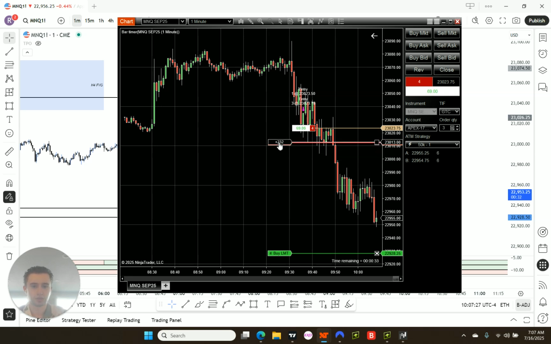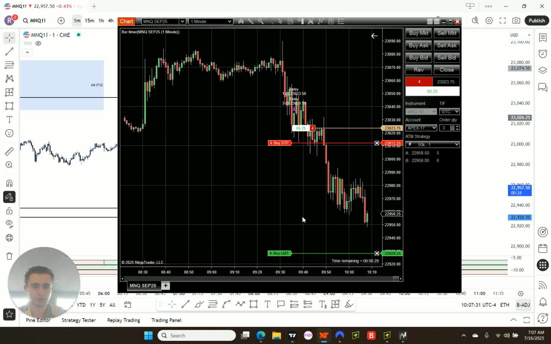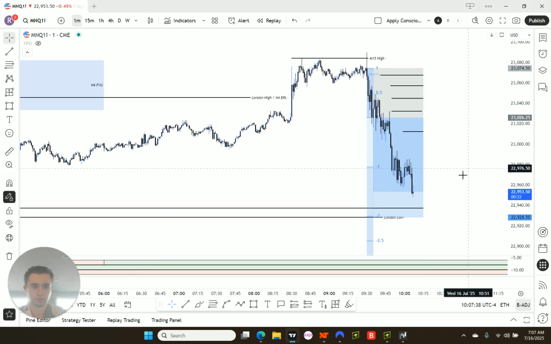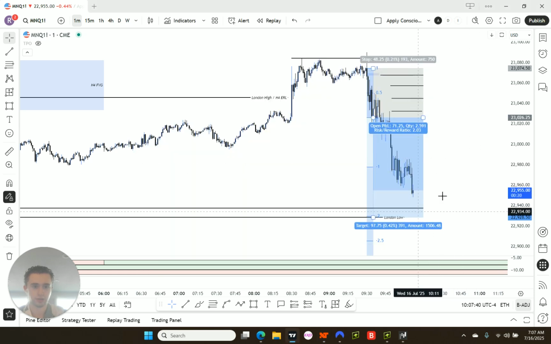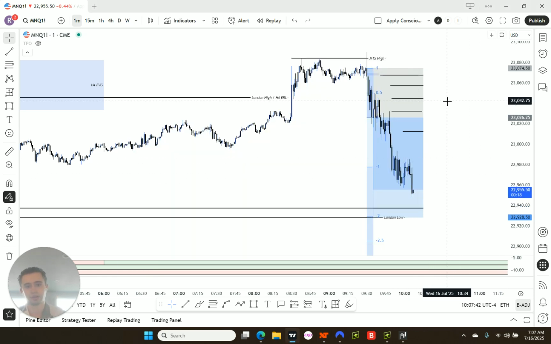Honestly, at this point, I'm just going to leave the stop loss right there for now. It's about 1.5R. It's still not enough. It's not how I do it. It needs to be more than that for me to start taking profit.